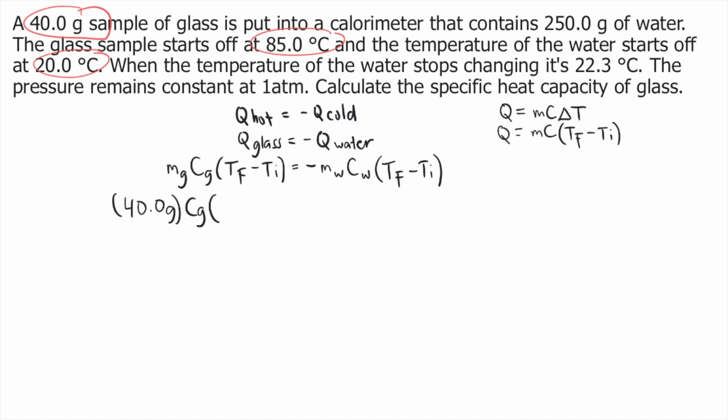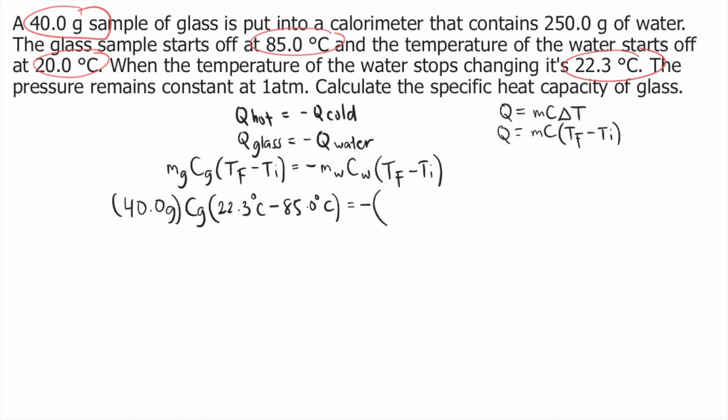According to the problem, the final temperature is 22.3 degrees Celsius. So you put there 22.3 degrees Celsius minus the initial temperature of glass, which is 85.0 degrees Celsius. And for the right side, we have negative.